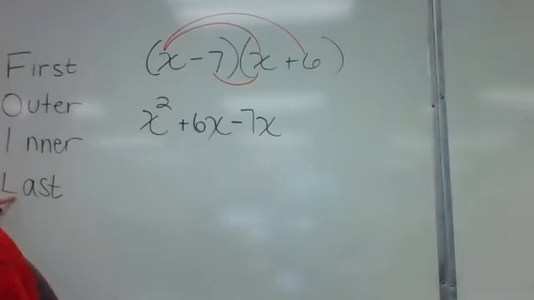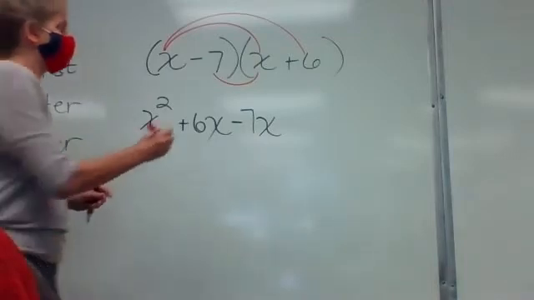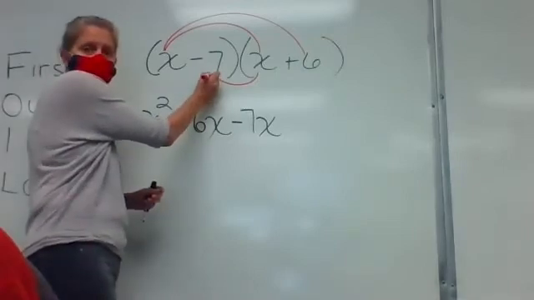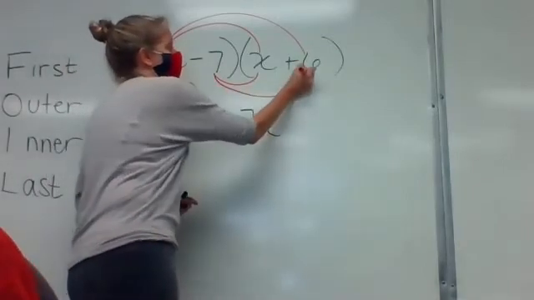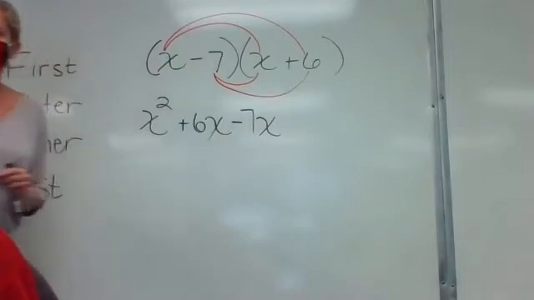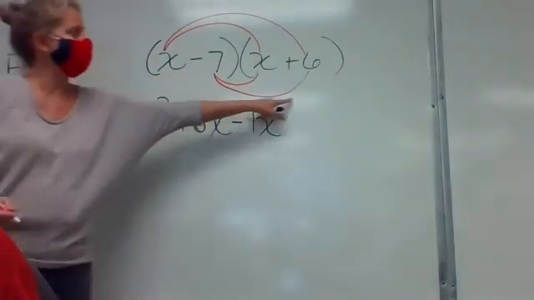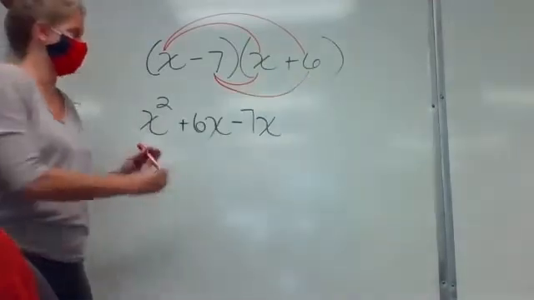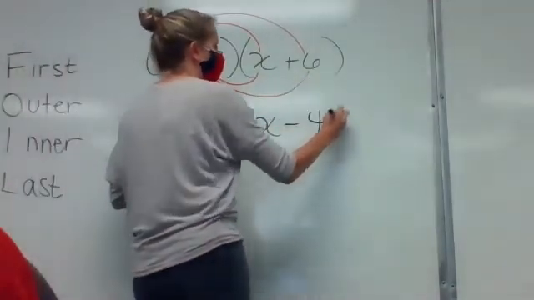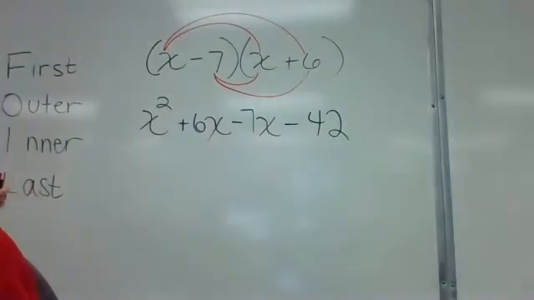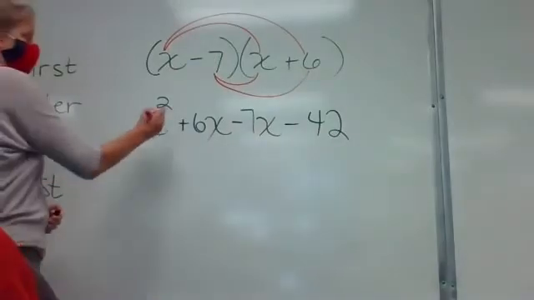First, outer, inner, then I move to the last. What does that mean? It means the last term of the first parentheses times the last term of the second parentheses. So what does that give me? Negative 7 times positive 6, which is negative 42. Do you have like terms?